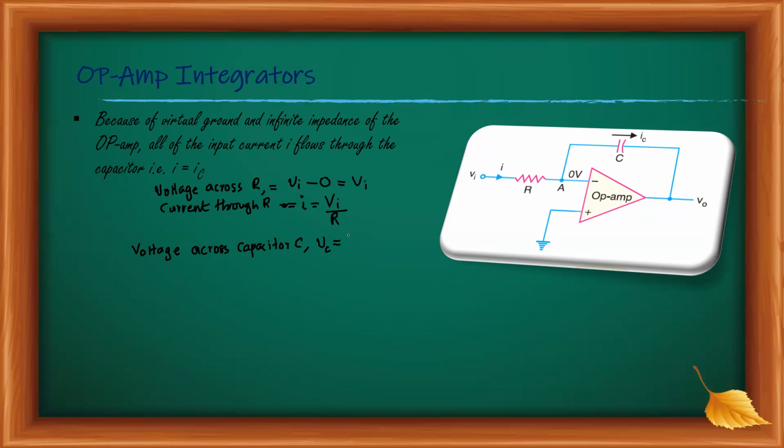Vc is equal to, here it is 0 minus, at the next end the voltage is V0. So Vc is equal to minus V0.